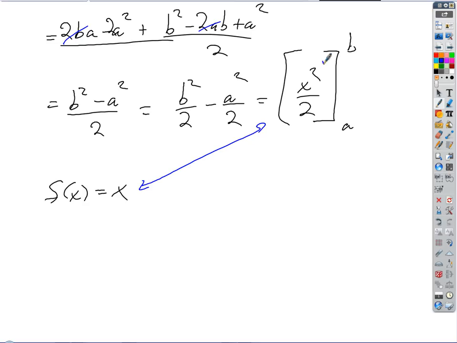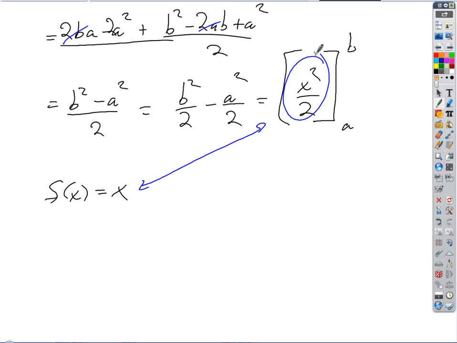Can you find a way to relate that expression to that? Without the a and b? Just the x squared over 2 and the x.